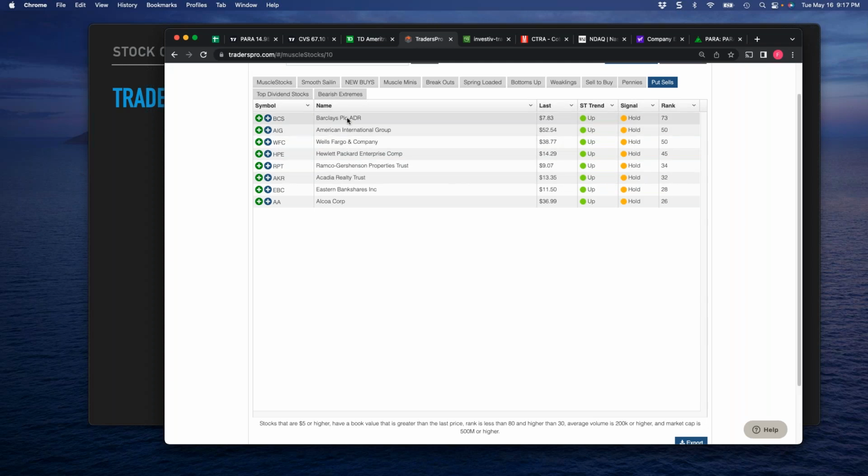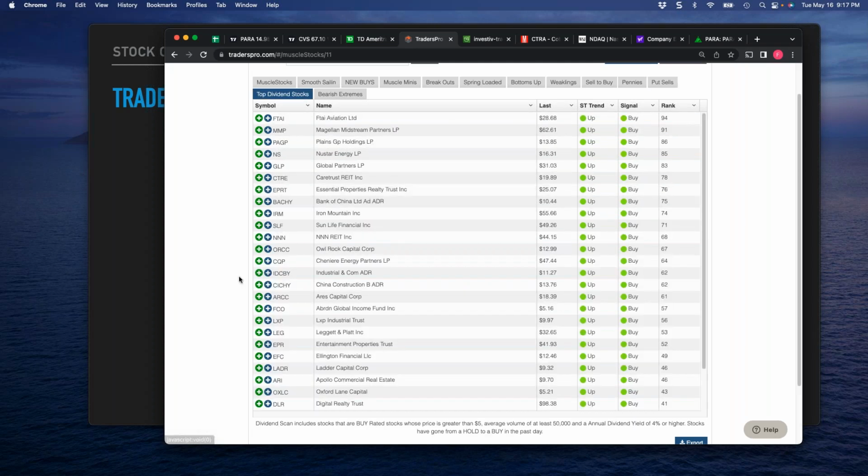The top dividend stocks is an interesting scan because it does specifically filter for stocks that pay an annual dividend of 4% or higher. Dividend stocks, as we discussed in session 2, are often stocks that have greater overall fundamental strength.